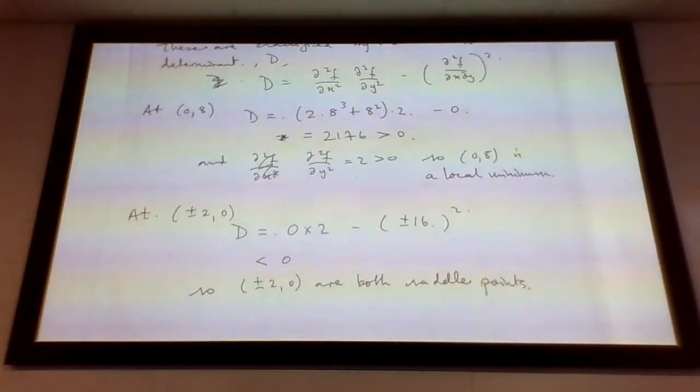That's all she wrote, isn't it? Determine the stationary points of that and determine what kind of points they are.